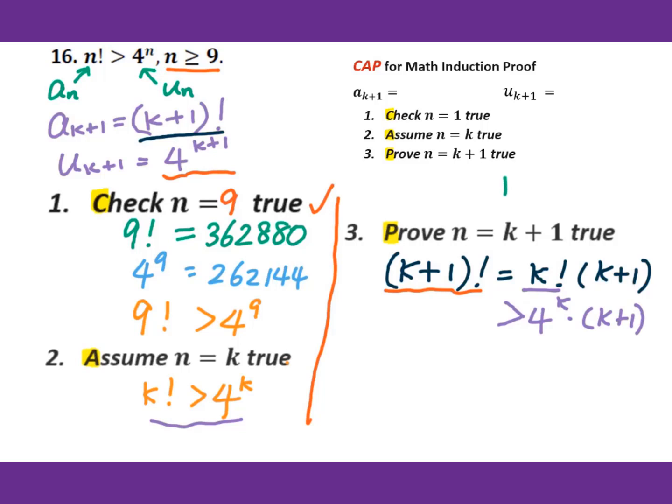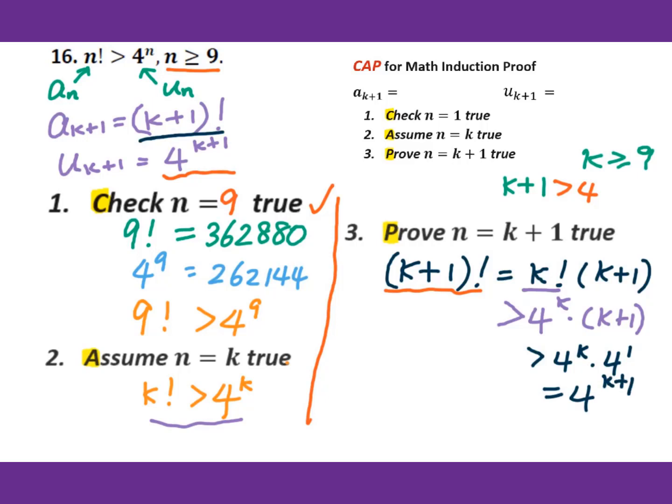We know when k greater than or equal to 9, k plus 1 greater than 4. Therefore, I could say it's greater than 4 to the kth power times 4 to the first power. That is 4 to the k plus 1's power.